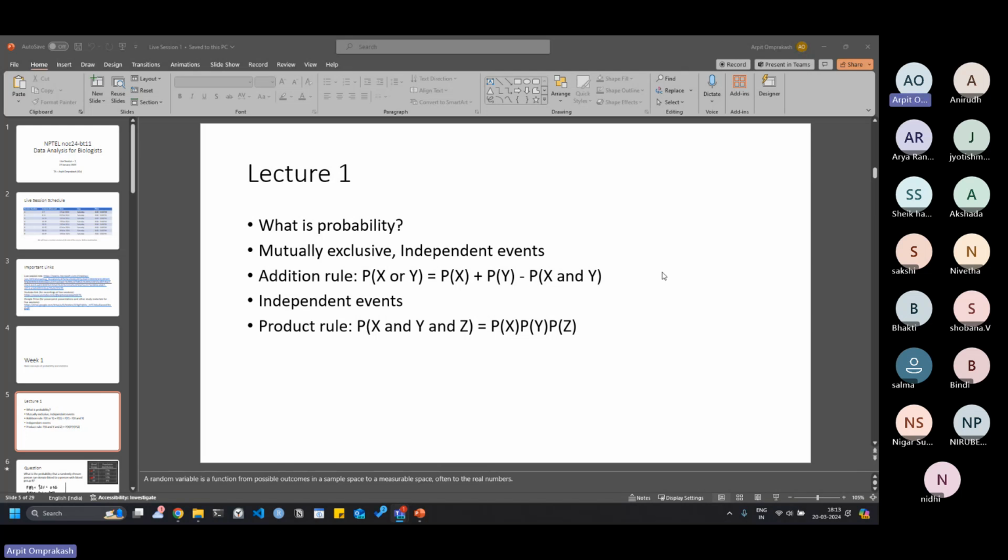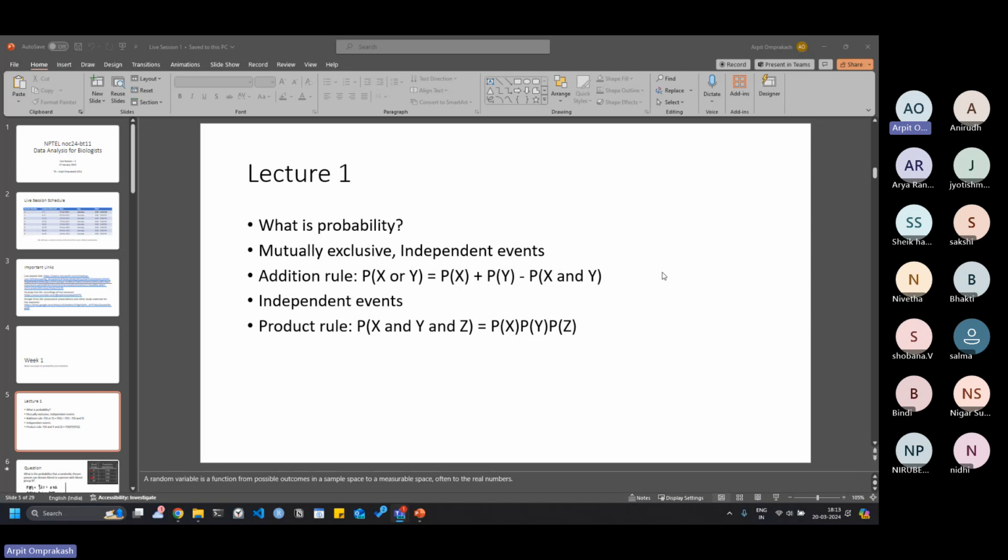Mutually exclusive events are events that do not occur together simultaneously. To say that two events X and Y are independent of each other means that if X happened or did not happen, it will not change the outcome of whether Y will happen. So basically, the probability of Y happening does not depend on the probability of X happening and vice versa.